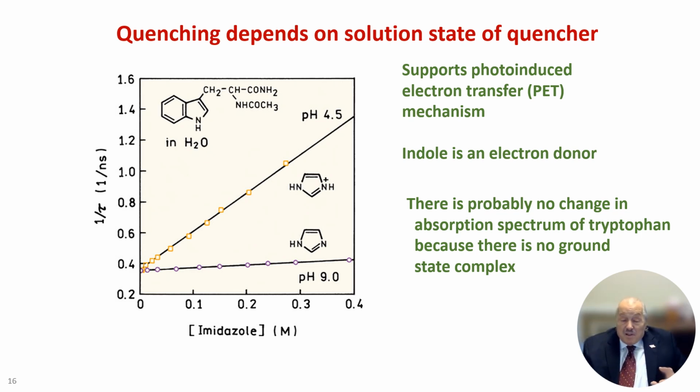The imidazolium is much more electron deficient than the imidazole. So as a result, the imidazole is a very weak quencher, and the imidazolium is a very powerful quencher for tryptophan or for indole.